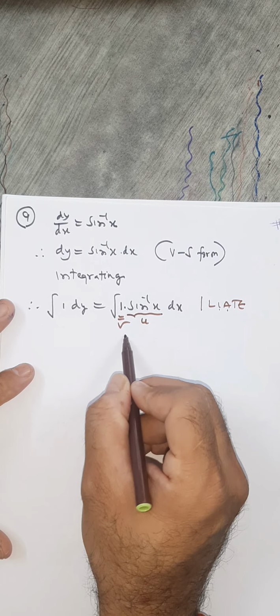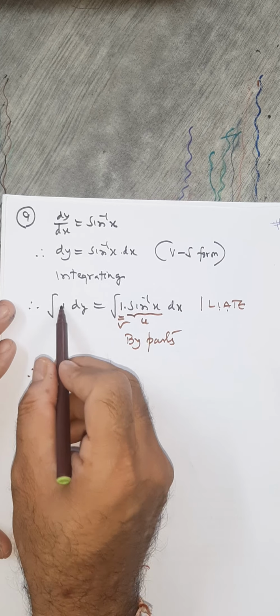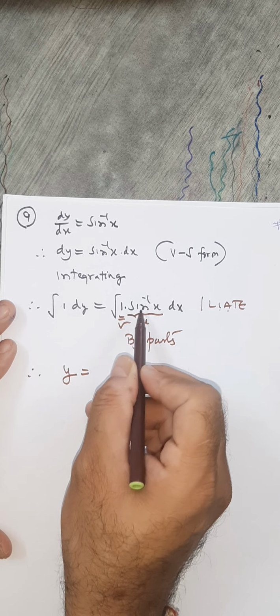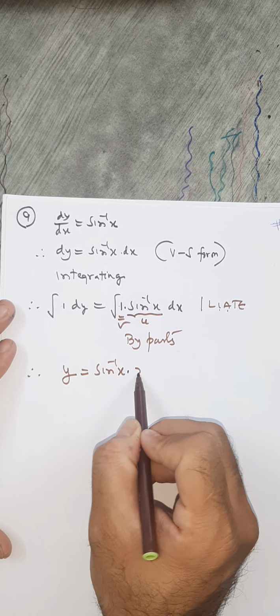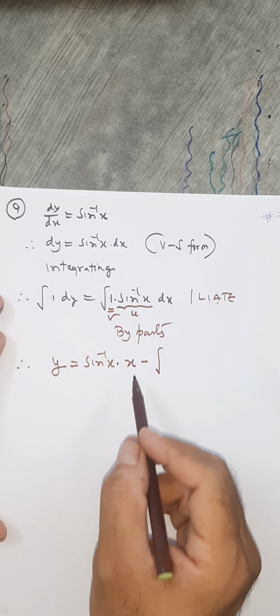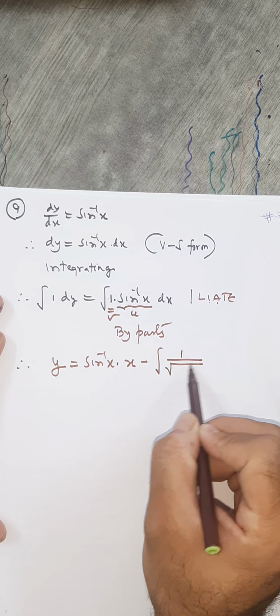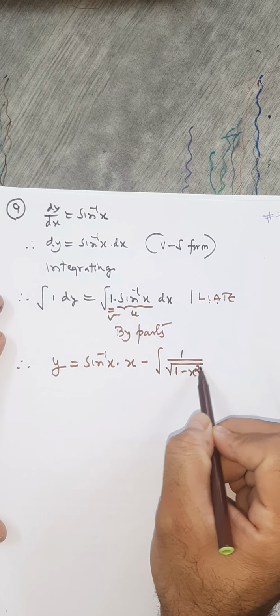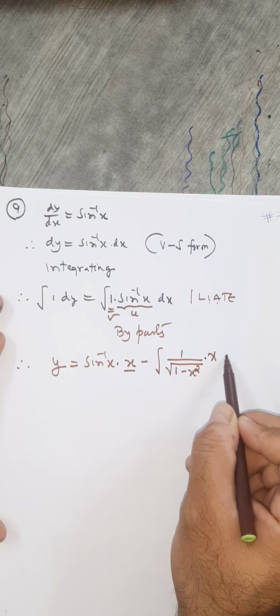So here we do by parts. What's integral of 1? Y. Sine inverse x will come out. What's integral of 1? X minus, inside the integral, differentiation of sine inverse x, 1 upon root of 1 minus x square into इंटीग्रल ऑफ 1 जो आपने यहाँ पे लिखा हुआ है यहाँ पे लिखना है x dx.